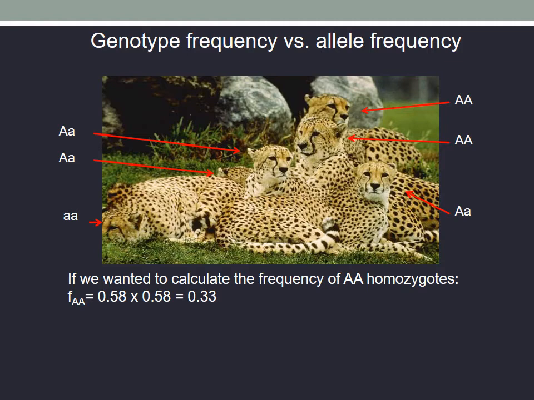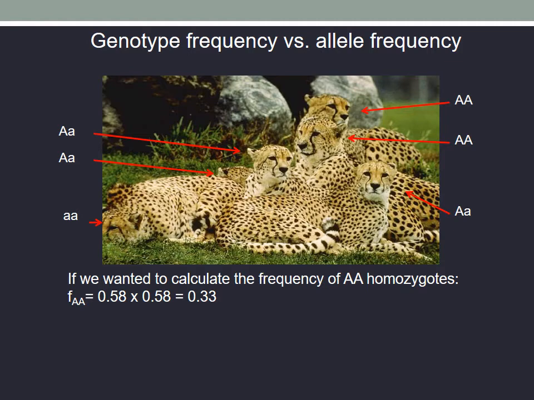So we're going to see that this is going to get a little bit more complicated with our equation here. To get the frequency of the cheetahs with the homozygous dominant capital A genotype, we would take the frequency of P, which was 0.58 times itself.